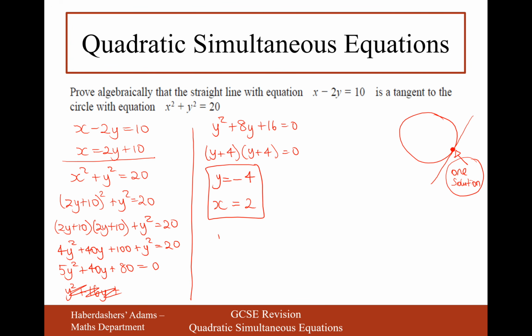So the intersection point equals the coordinate (2, minus 4), and that's only one coordinate. Only one coordinate.